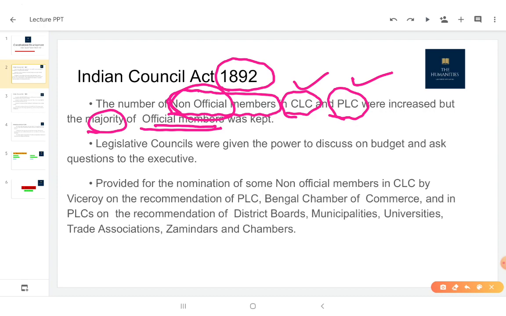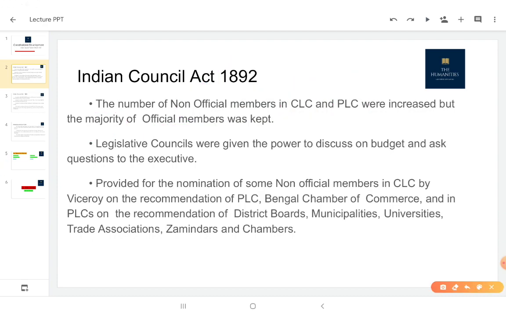While framing this law, they kept that in mind, that they didn't want to increase the number of Indians in the lawmaking process. So though they increased the total number of members, it was not more than the official members. So the majority was even then with the British themselves.